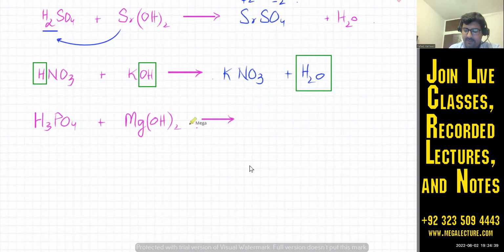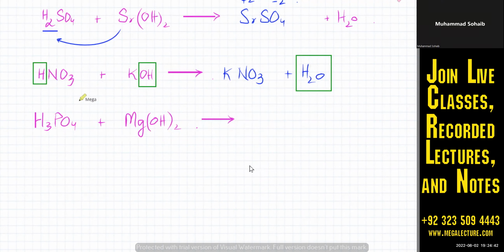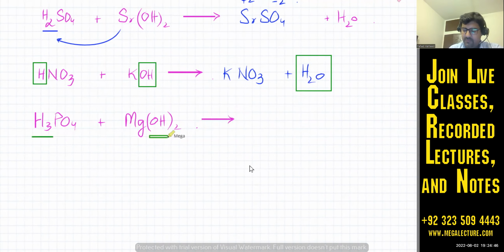What will happen? Magnesium phosphate. The H and the OH will combine together and end up forming water. What ions are left behind? It's Mg and PO4. Okay, these are the only things that are left. So that is your salt.